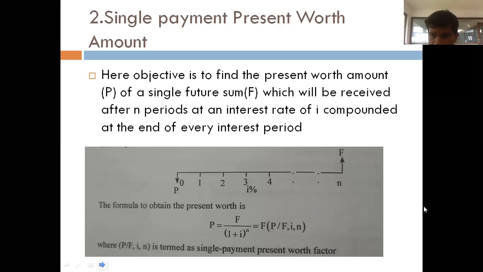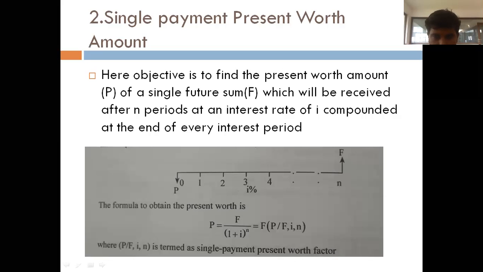So next is the single payment present worth amount. What is the present worth? If you are paying money, what will be the present worth? Here the aim is to find the present worth amount P of a single future sum which will be received after n periods at an interest rate I compounded at the end of every interest period.